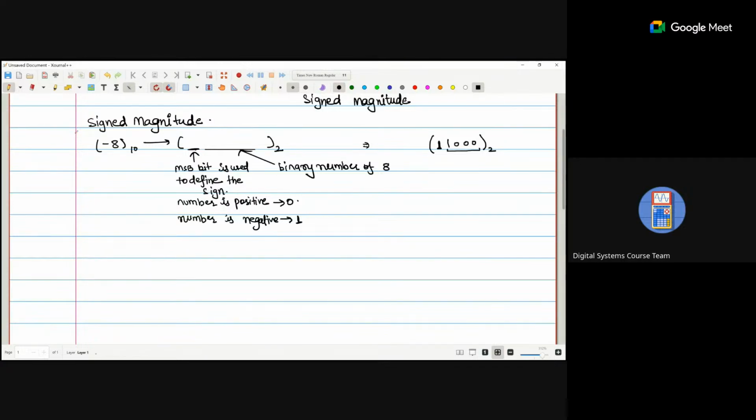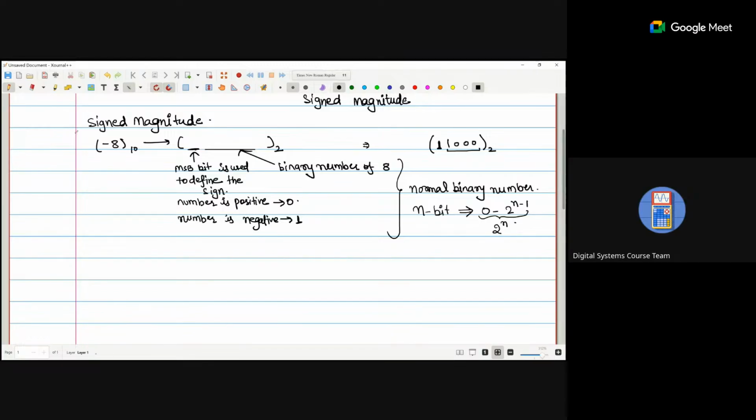Now, in a normal binary number, if n bits are defined, my range should be 0 to 2 raised to power n minus 1, and the total count of numbers should be 2 raised to power n.